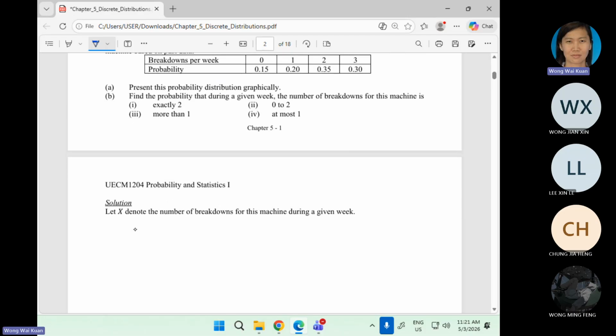This line graph could be a little bit different from what you think. We are to show the probability distribution, that means this table. So I must first let X. It is very important in these two chapters that you let X be the correct thing.